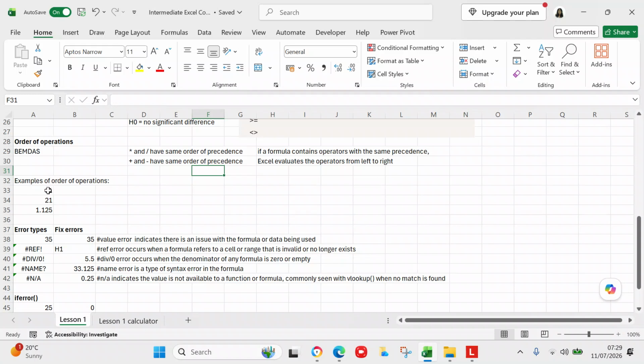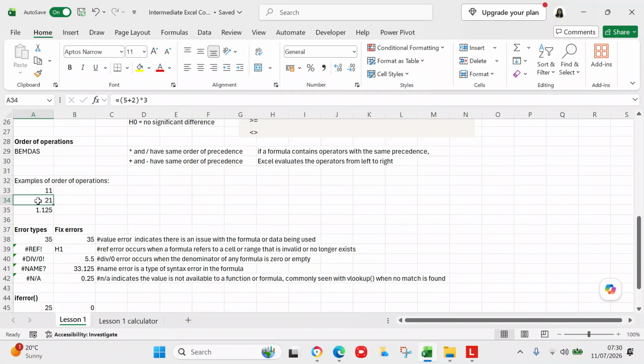So we have some examples of order of operations. Here's a very simple example of 5 plus 2 times 3. So 2 times 3 is 6, and 5 plus 6 is 11, because multiplication has a higher order of precedence than addition.